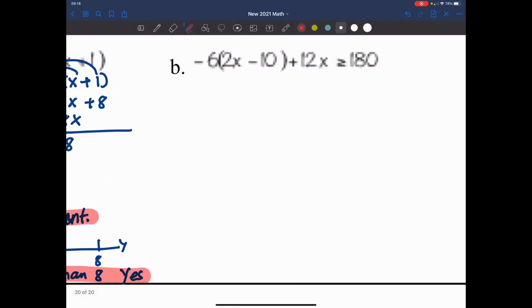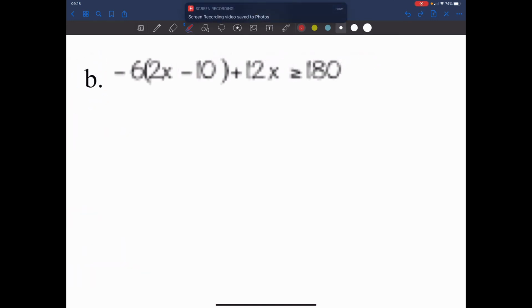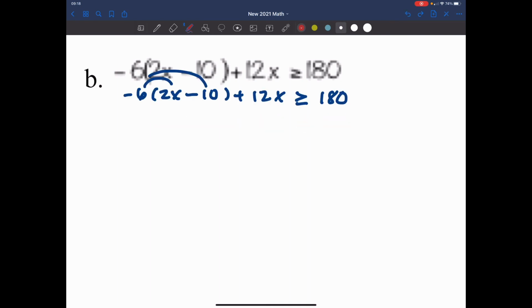Let's look at our second equation. So in this case, for B, we have -6 times 2x minus 10 plus 12x is greater than or equal to 180.